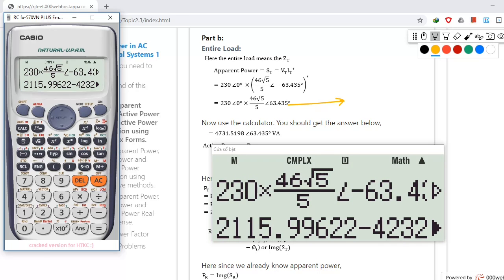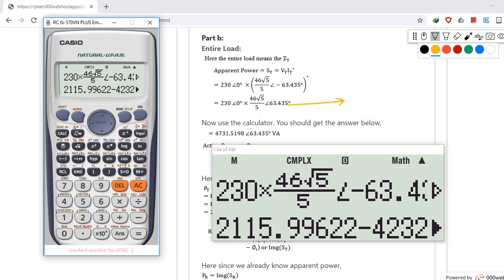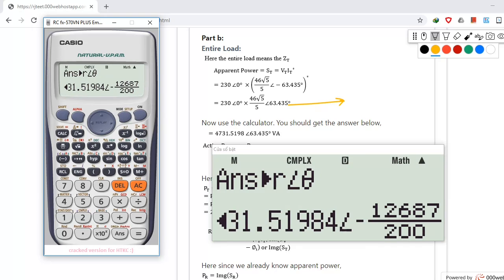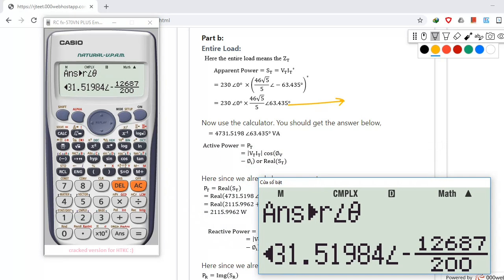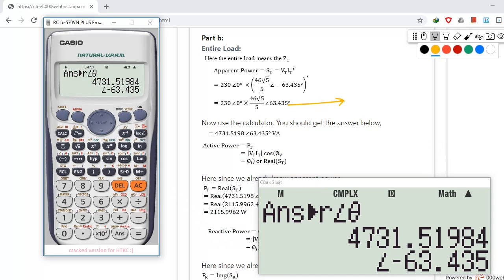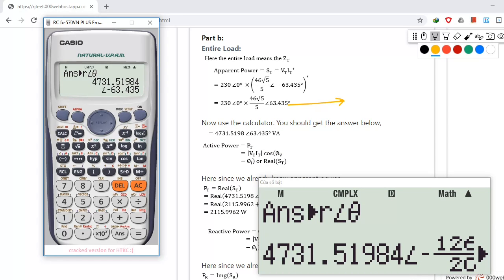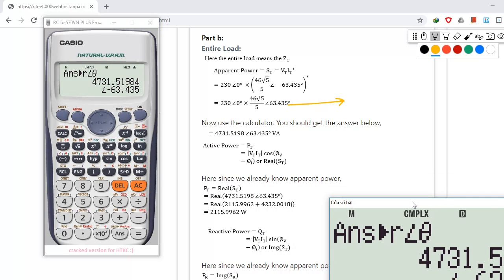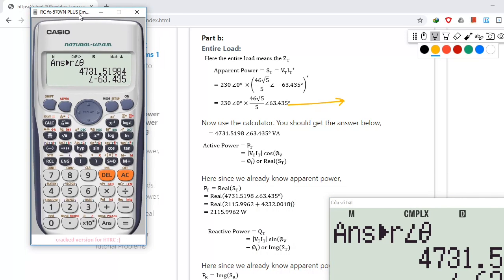So I get my answer in Cartesian form. I would like to convert it to the polar form. Then I would like to have my angle in decimal as well. Therefore I'm going to convert between standard form and decimal form. Now this is the answer I get.